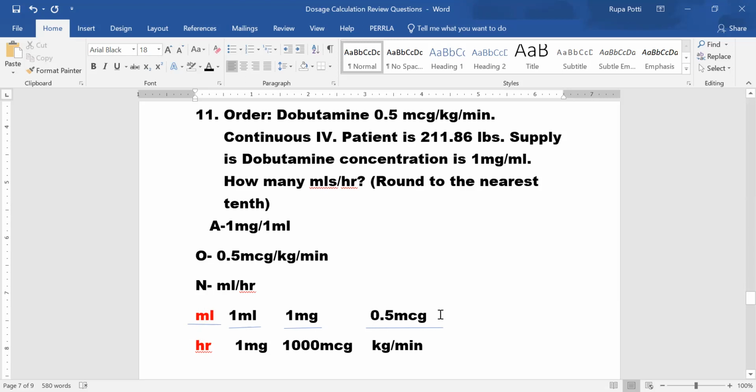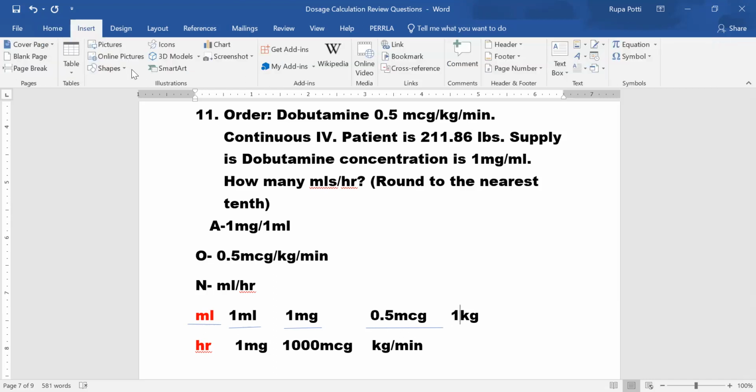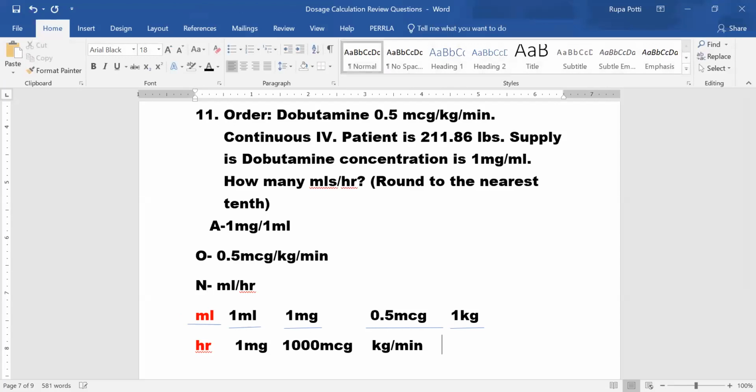So my kilograms have to get canceled out, so I'm going to have kilograms in my numerator. But there is nothing close to kilograms here, though I have something with pounds. So I'm going to use this as a conversion factor: 1 kilogram is equal to 2.2 pounds, right?